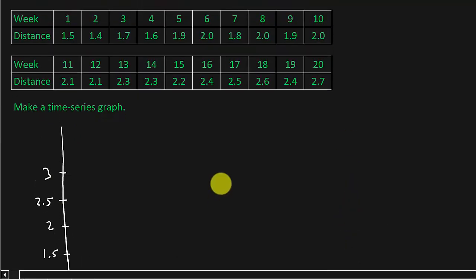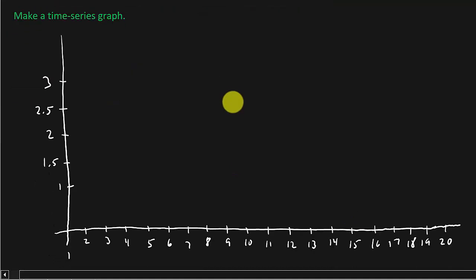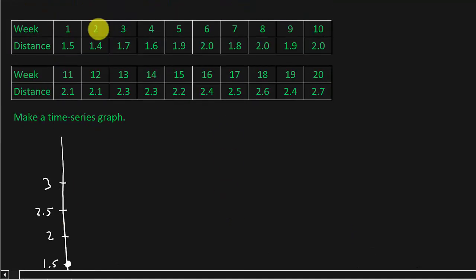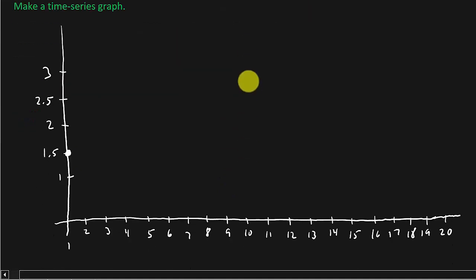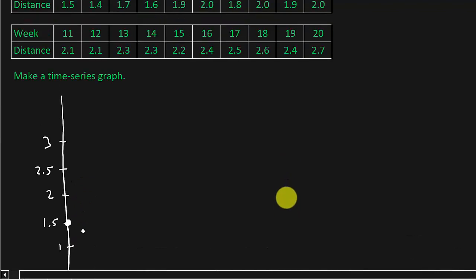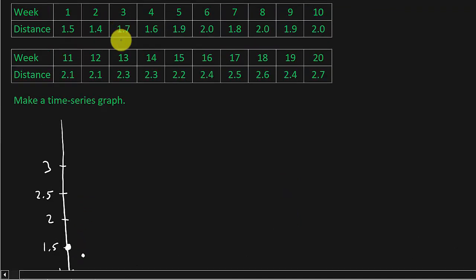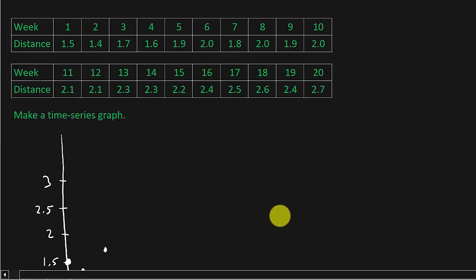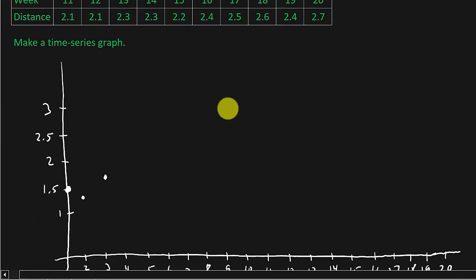We're going to plot 1, 1.5. So that's going to be right there. And then we've got 2, 1.4. And that's going to be a little below. And then 3, 1.7, that's going to be a little above. Okay. And then 4, 1.6, that'll be a little bit lower.